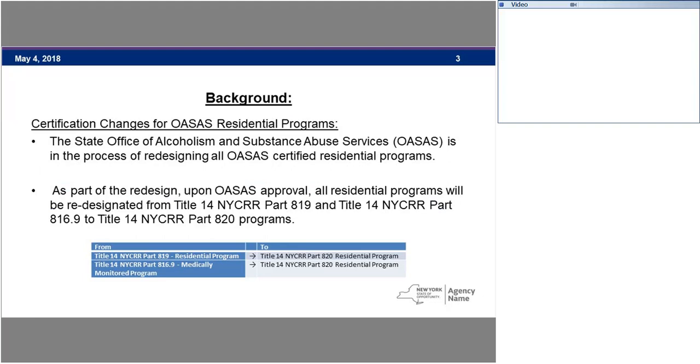As part of that process, we have different types of provider groups that are going to be transitioning to 820: the groups in your 819 residential redesign programs, and your medically monitored programs. Both those classifications of providers will be, or already have, submitted applications to be designated as an OASAS Part 820 residential redesign program.